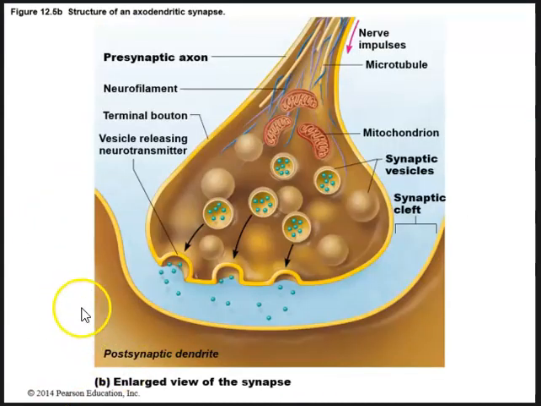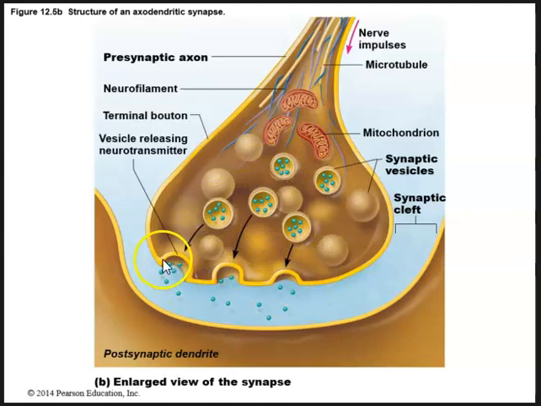And here is a picture of a typical synapse. This specifically is an axodendritic synapse, where you have the terminal bouton of the presynaptic neuron connecting with the dendrite of a postsynaptic neuron. So the nerve impulse or action potential will travel down the axon, transmitting that impulse, and it will signal the synaptic vesicles to release the neurotransmitter.